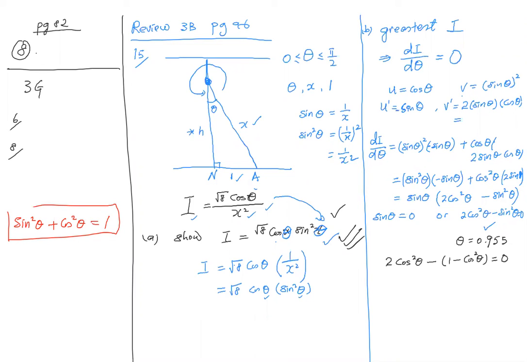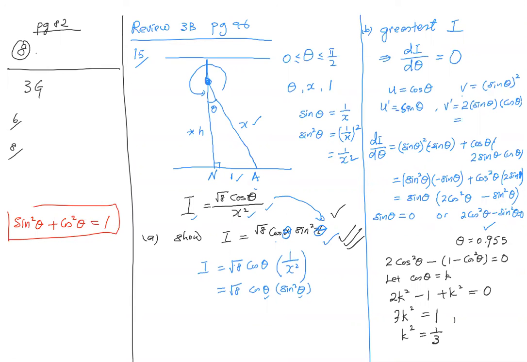If you find that writing cos is difficult, you can say let cos theta be equal to k. So now you have 2k squared minus 1 plus k squared equal to 0. So your 3k squared equal to 1. So k squared will be equal to 1/3.